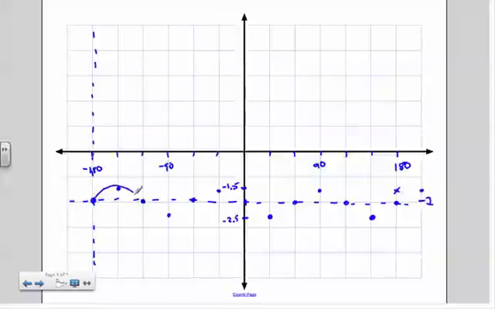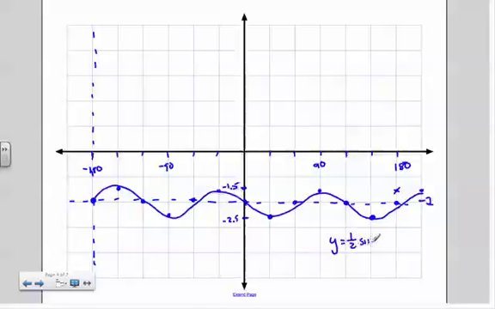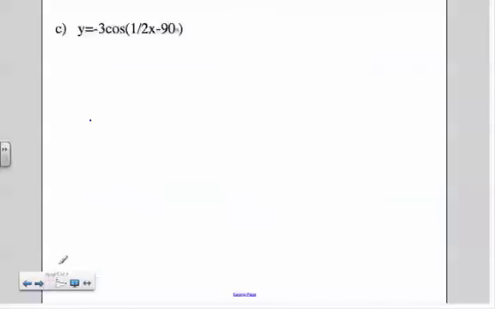And I'm going to join them up as best I can. So there's the graph of y = 1/2 sin(3(x + 180)) - 2. So again, I don't build it one step at a time. I interpret all of the information and go from there.